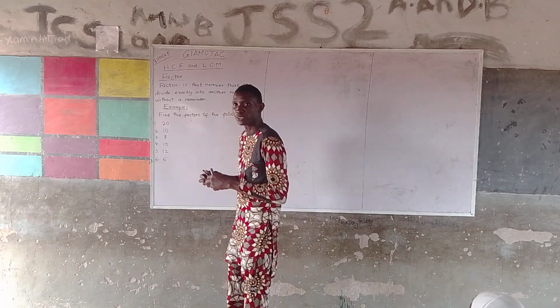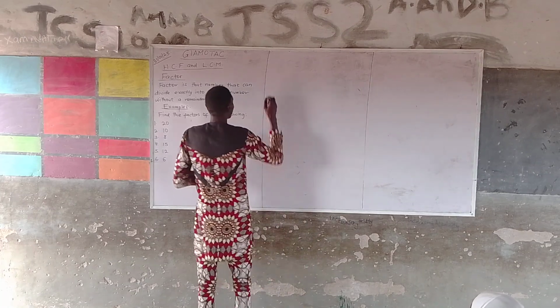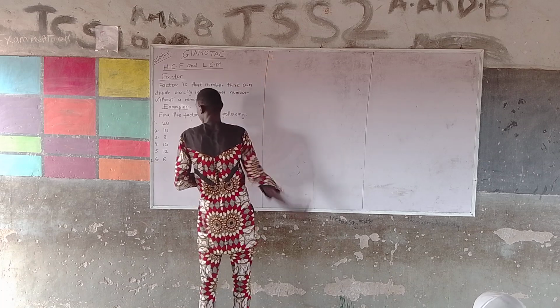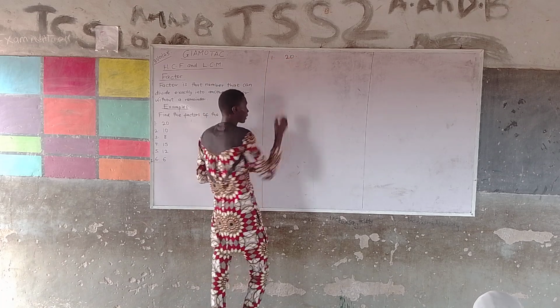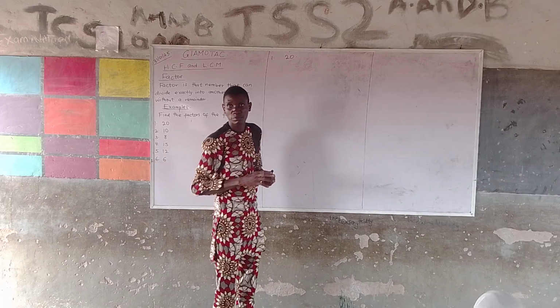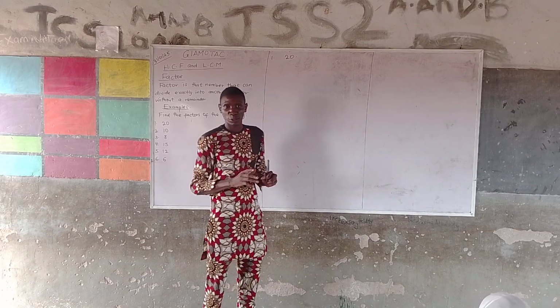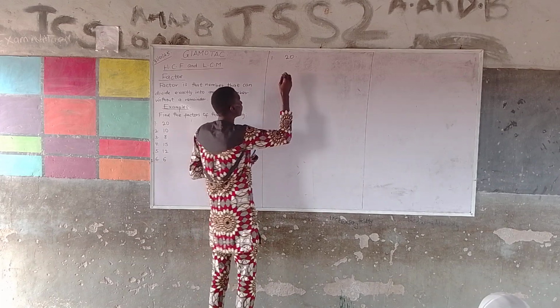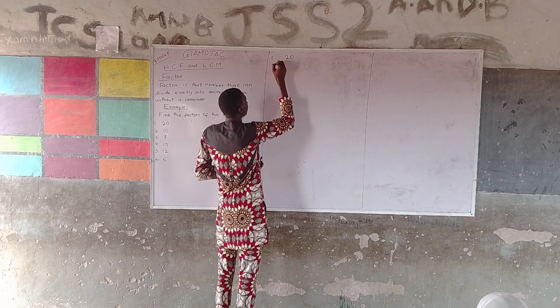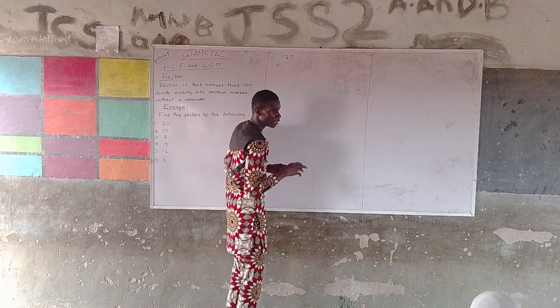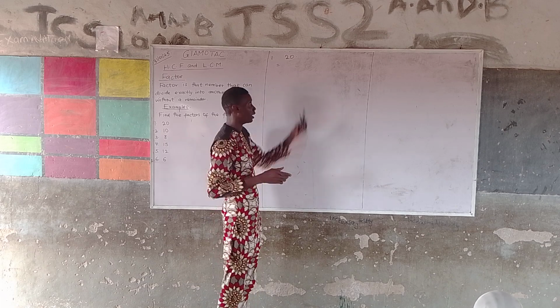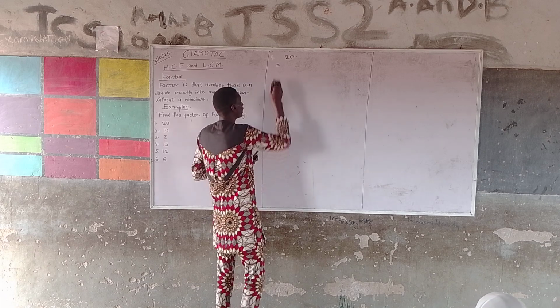Now, let me start. Number 1, we are finding the factors of 20. The first thing is to write those numbers out, and the numbers must not exceed 20. Write them out.